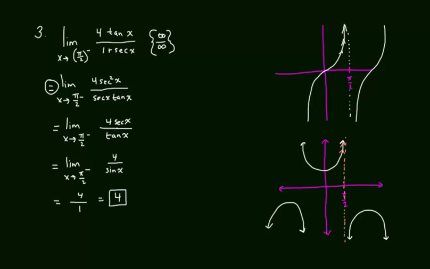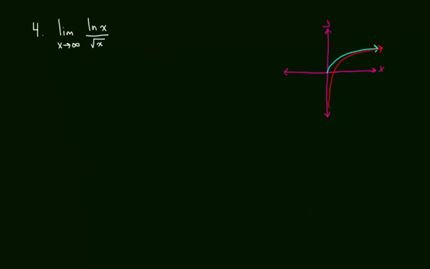Example 4. The limit as x goes to infinity. This is also a one-sided limit statement because we're approaching positive infinity from one side. So let's take a look. I have to the right here in blue the square root of x, and the orangish red is the natural log of x.